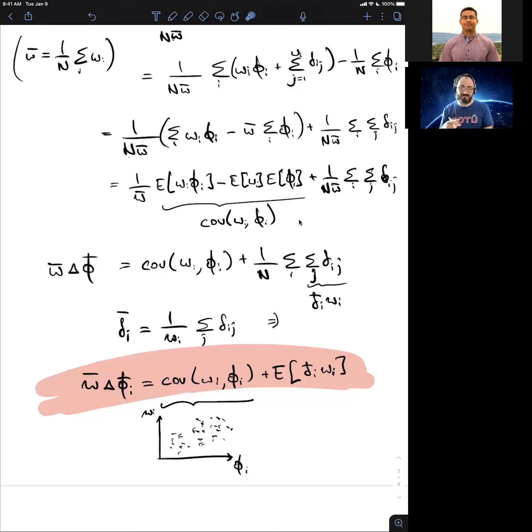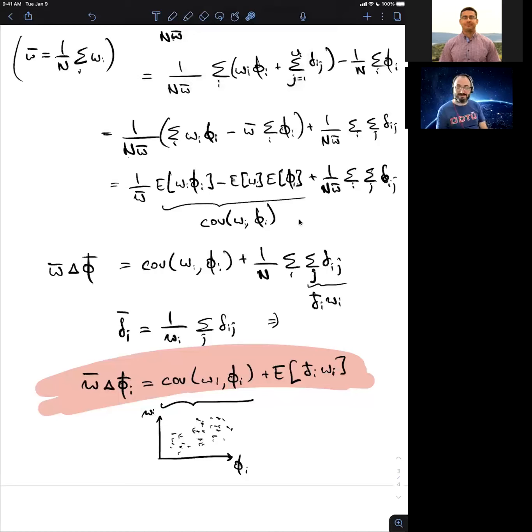Sean Rice has several papers on this, but for our purposes, we're just going to call this the selection term, because it gives the idea that the change in mean phenotype is given by the covariance between fitness and phenotype, plus this other term.